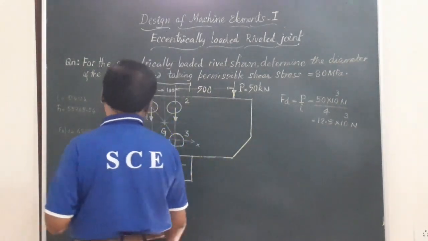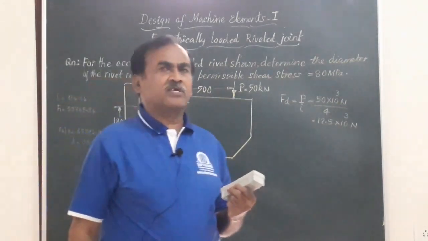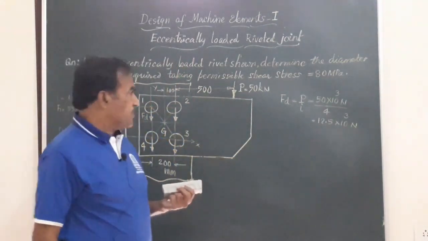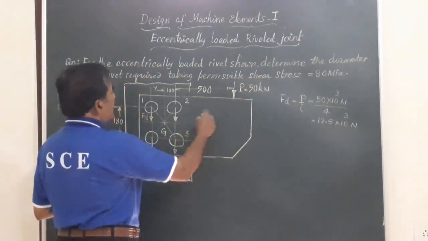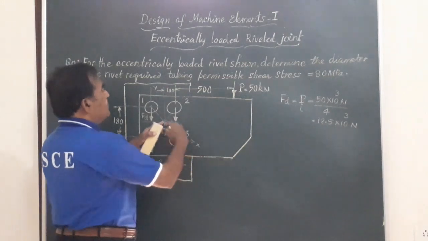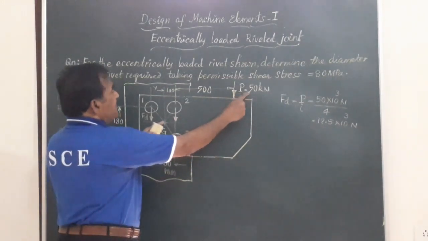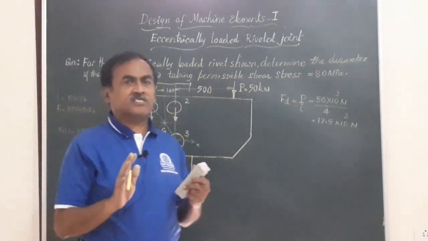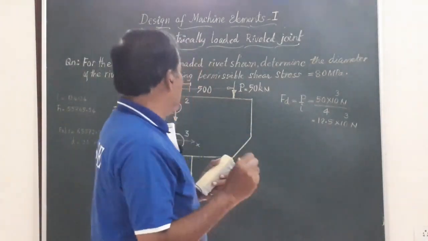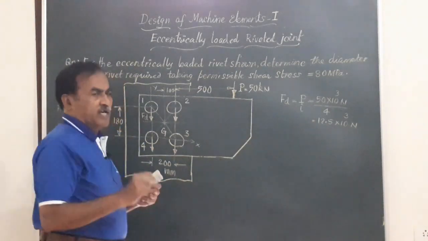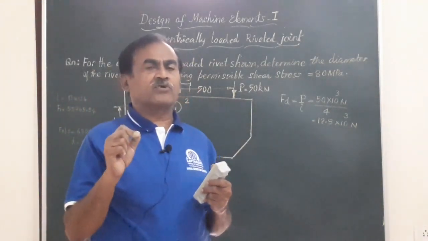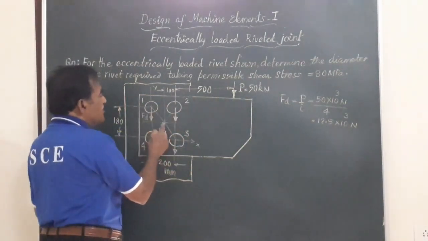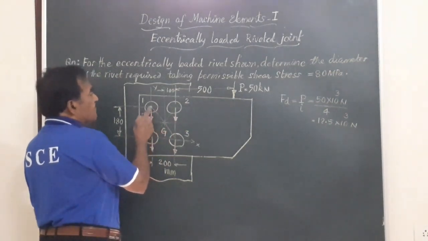Friends, next you will have to find out the value of the secondary loads at rivet number 1, 2, 3, 4, etc. So friends, you know very well, this load P, which is acting on this system, produces a clockwise moment of 50 multiplied by this value 600, and the moment produced by all these shear loads, that is F1, F2, F3 and F4, acting at 1, 2, 3 and 4, should produce a clockwise moment about G, and it should be perpendicular to the line connecting CG and the center of the rivet.